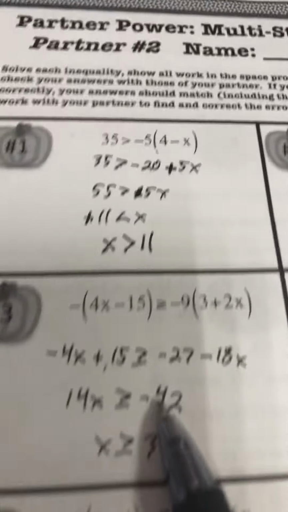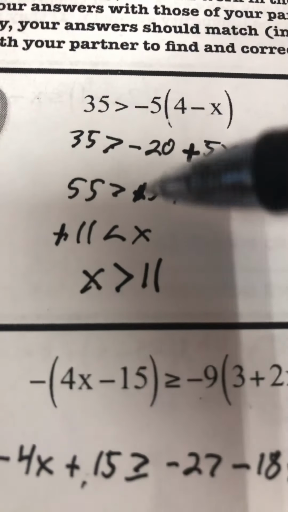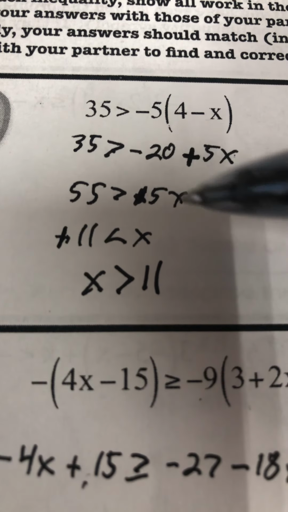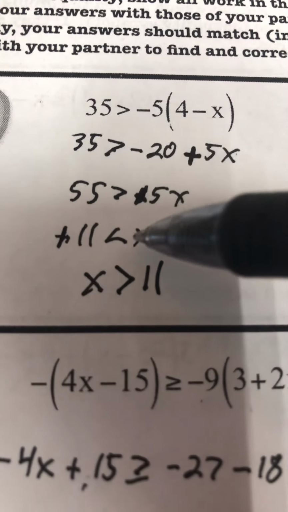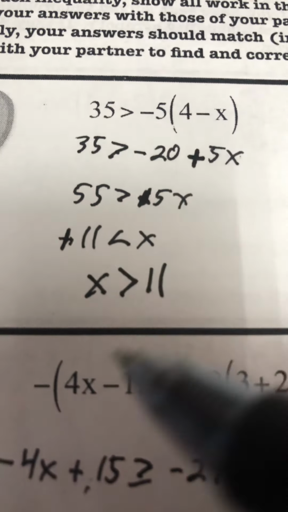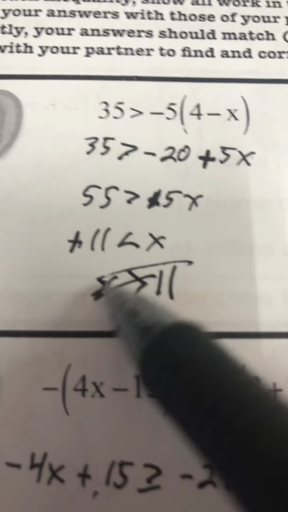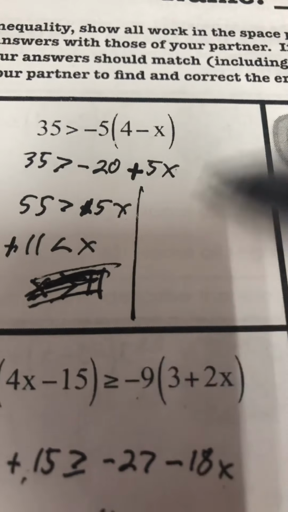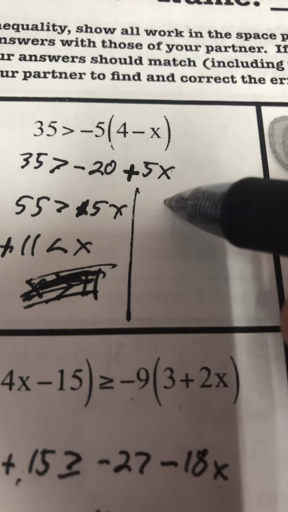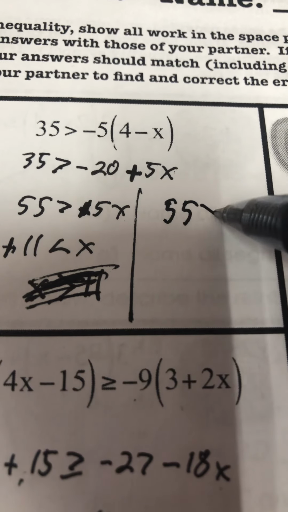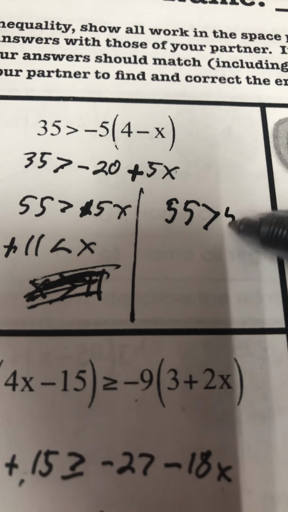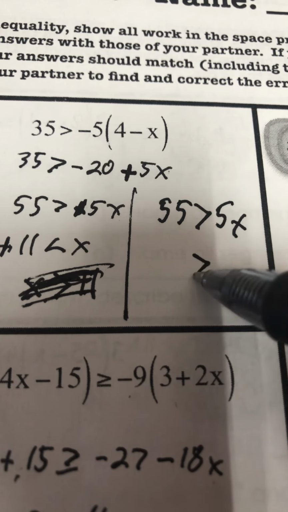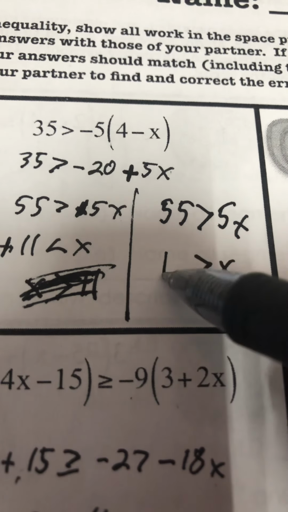Now going back up here, let me double check. So I thought I was dividing by a negative 5, and I wasn't. So actually, let me rewrite this, okay? So this was 55 greater than 5x, right? I divide just by a regular 5, so this stays the same.